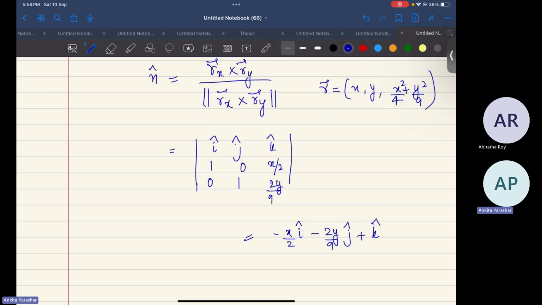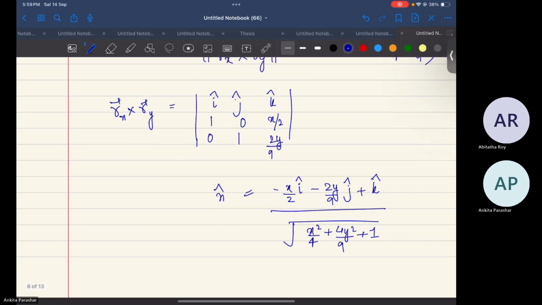Is that okay? This is our cross product Rx cross Ry, and then we have to compute n cap by writing the square root of x square by 4 plus 4y square by 9 plus 1. Fine.